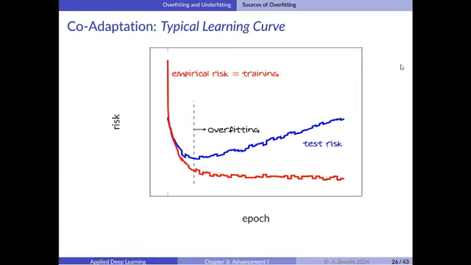And a typical learning curve is like this, and I think you can understand it. Overfitting starts from this point.